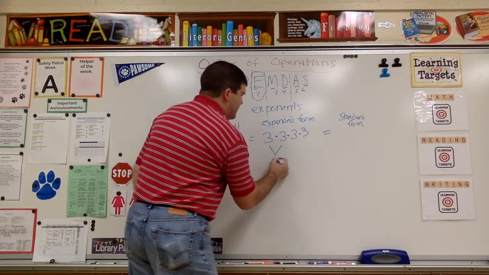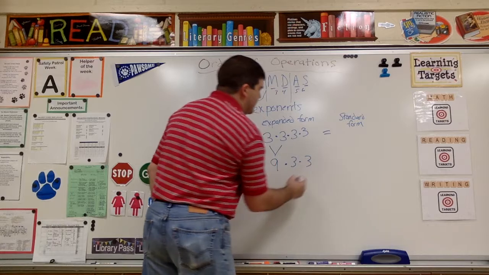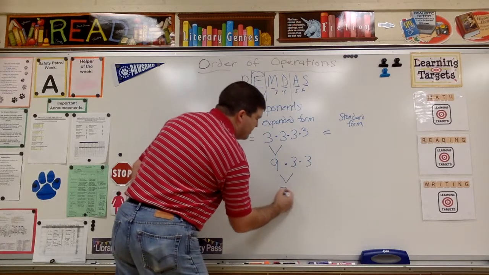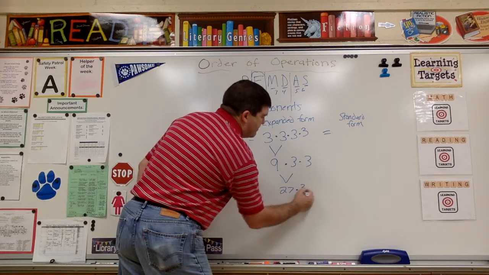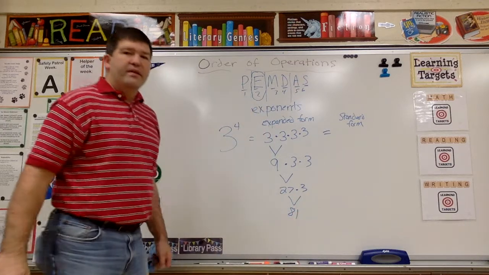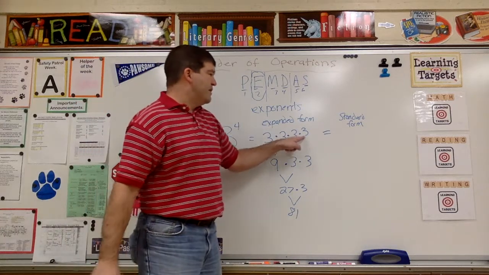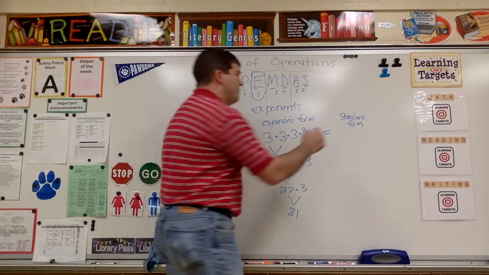So 3 times 3 is 9, times 3 times 3. Then I come here and do 27 times 3. And when I do that, I get 81. So 3 times 3 times 3 times 3 equals 81.